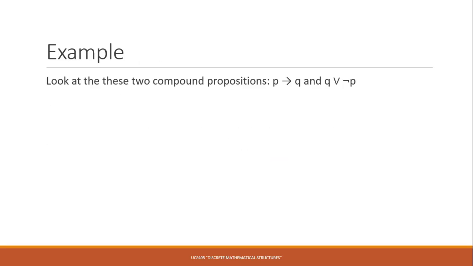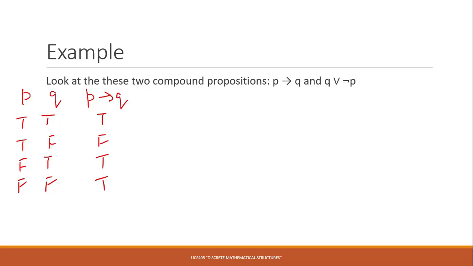Like we have an example, two propositions: P implies Q and Q or negation P. First we will construct the truth table for it. We have two variables P and Q, total 4 combinations. P implies Q is our first expression, so it is true, false, true, true.